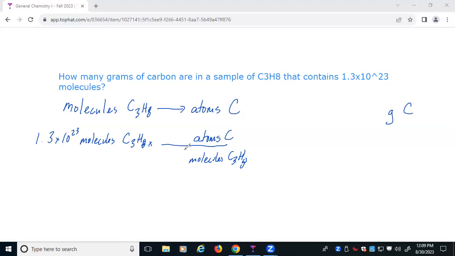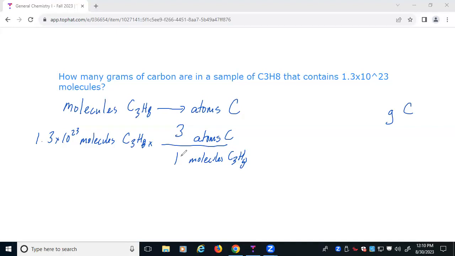Now, what does that relationship look like? Well, it's actually not that complicated. I've got a chemical formula here. The chemical formula here says there are 3 carbons and 8 hydrogens in this molecule. So the ratio here is 3 carbon atoms for every 1 molecule. Now, I could go a couple of other different ways with this.